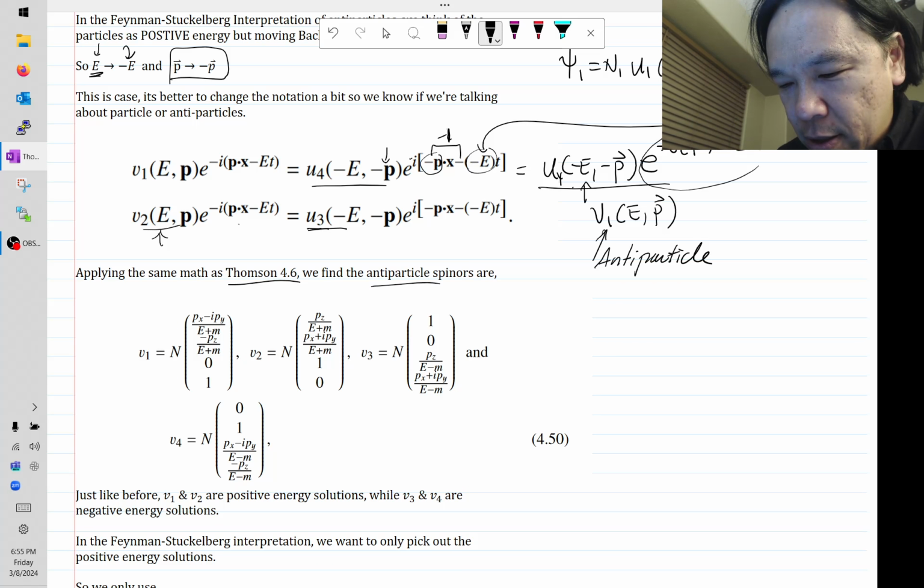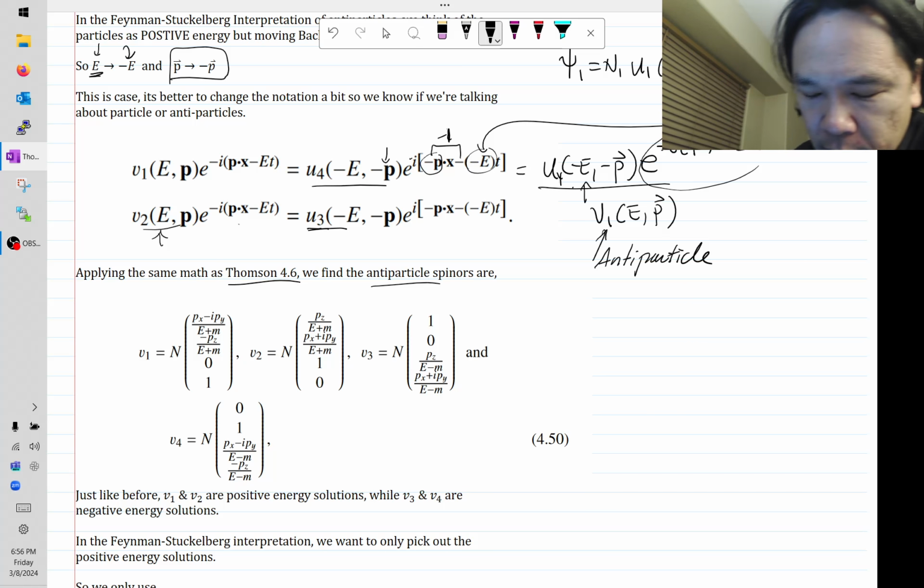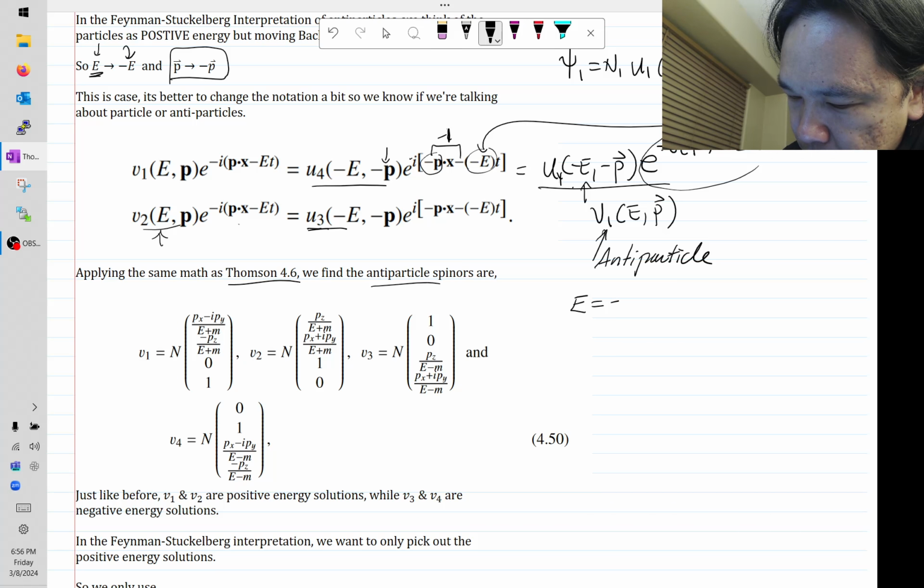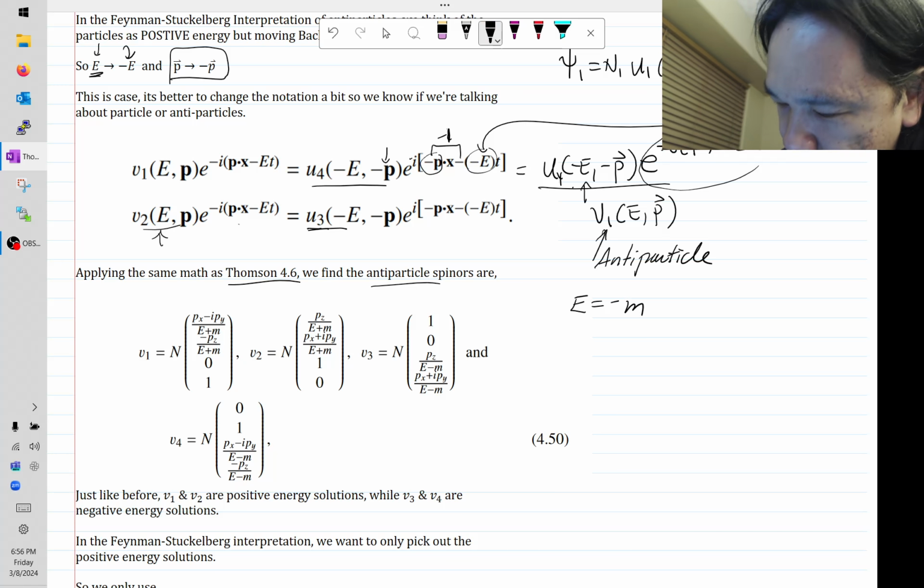What we need to do then, instead of having a solution with E being negative, instead of having the solution being negative m, is flip the sign twice.